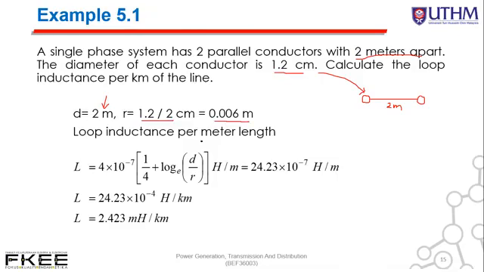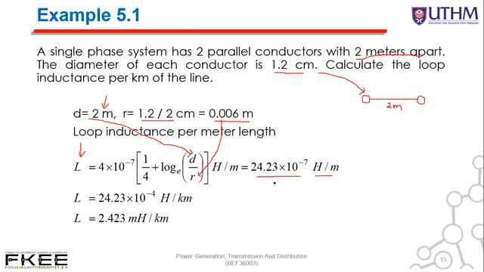Now loop inductance per meter length is L equal to 4 times 10 to the power of minus 7 times (1/4 plus log exponent D over r) Henry per meter. We use D converted to meter, and r is 0.06 meter. So we got the value of 24.23 times 10 to the power of minus 7 Henry per meter.